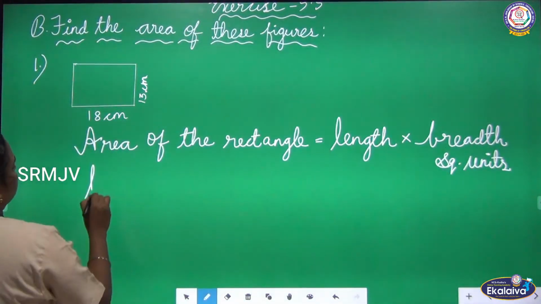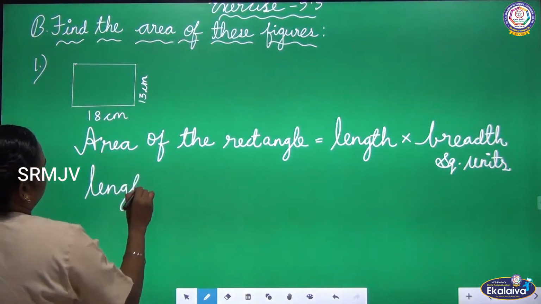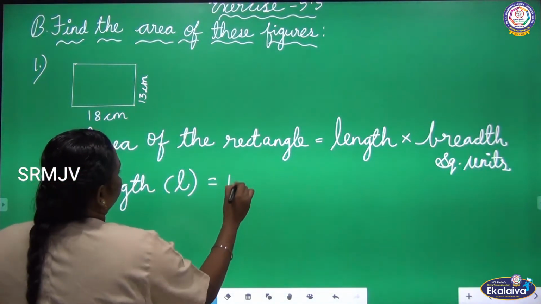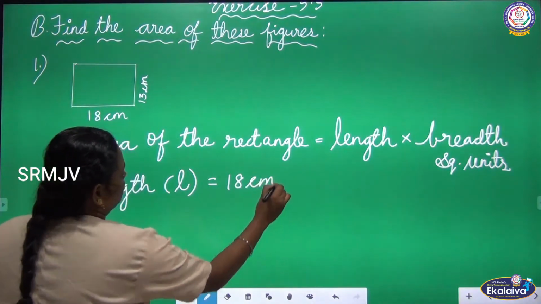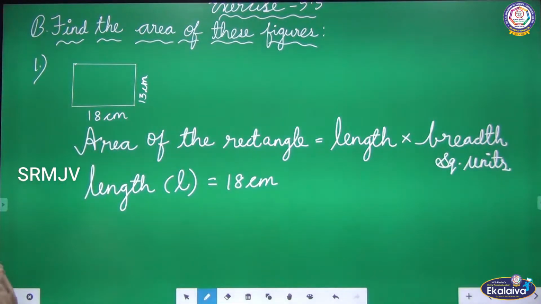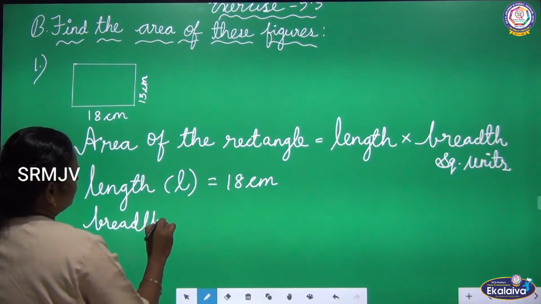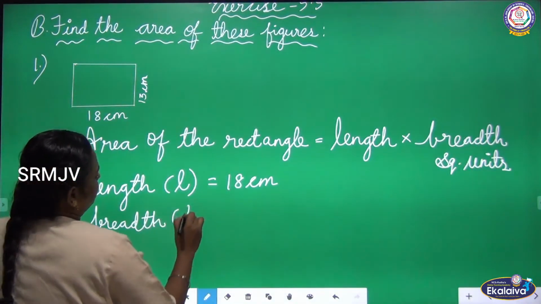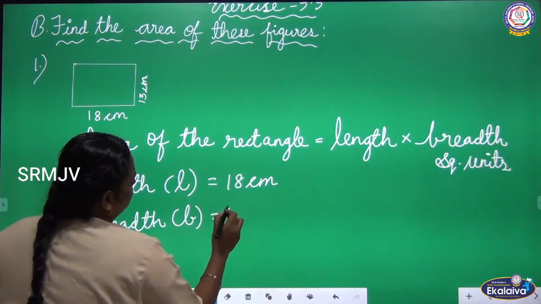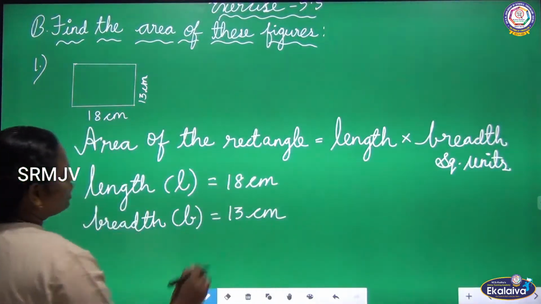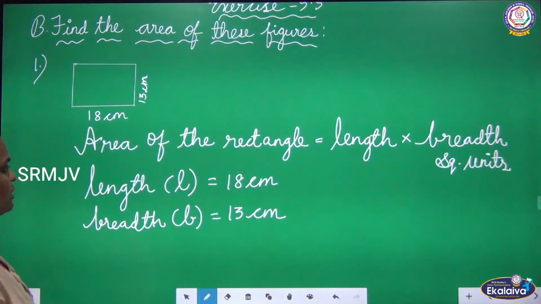Listen, children, the length they have given is 18 centimeter. Then what is the breadth? Breadth is 13 centimeter. So B for breadth, 13 centimeter.